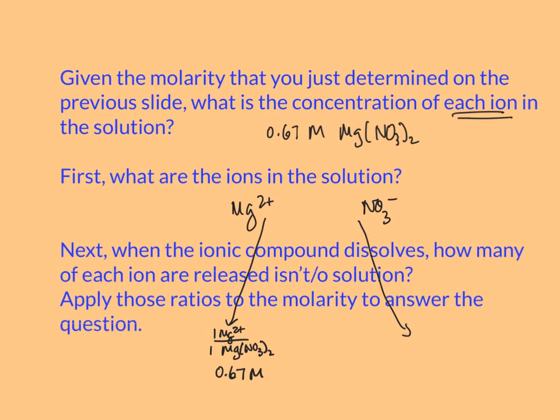On the other hand, there are 2 nitrate ions for every 1 magnesium nitrate formula unit. And so my value will be twice this, or 1.3 molar. Those are our 2 ion concentrations.